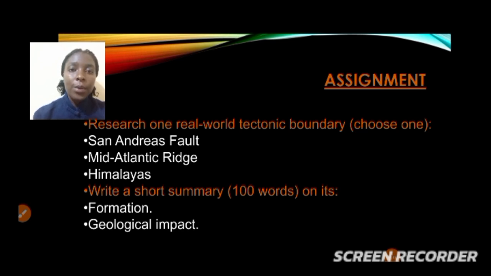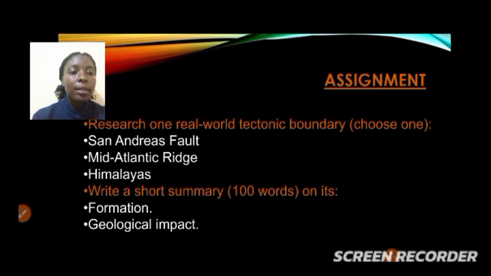Okay, for today's class, we were talking of plate tectonics, and we talked of what makes plates move. We saw the different plates, the 7 major plates, and we saw what makes plates move, say the heat, the gravitation, and slab pull.